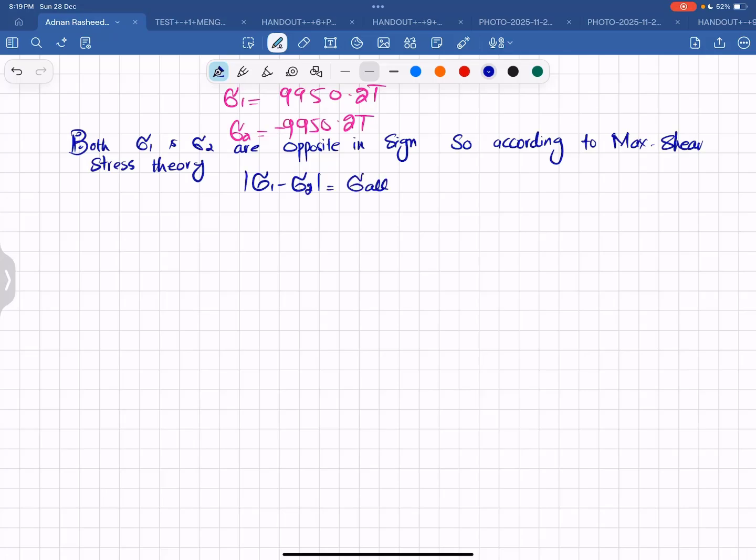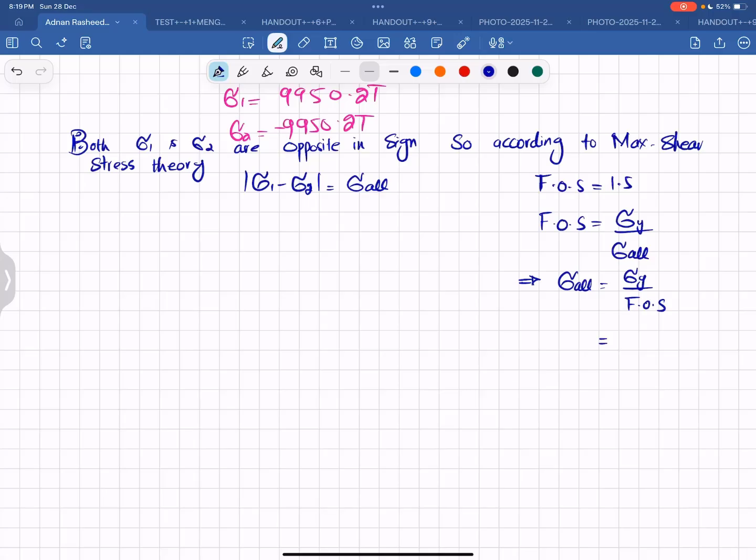Since we have been given a factor of safety of 1.5, and we know that factor of safety is equal to yield strength divided by allowable stress, the allowable stress will be equal to sigma yield divided by factor of safety.